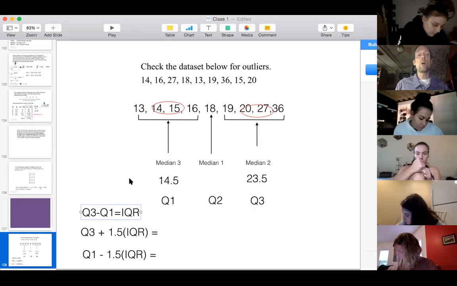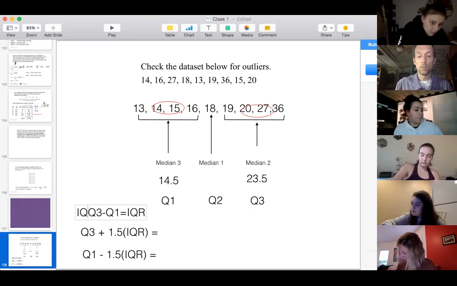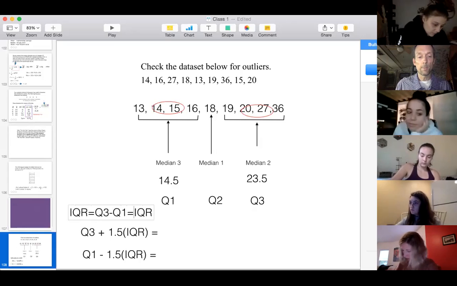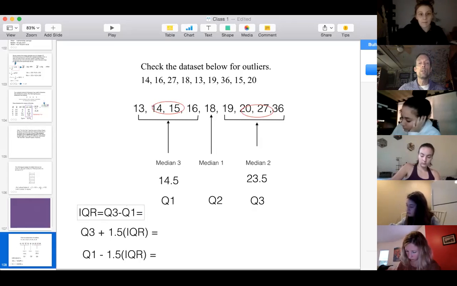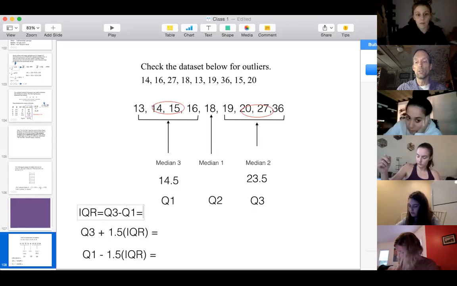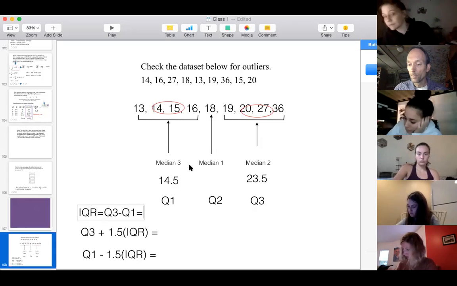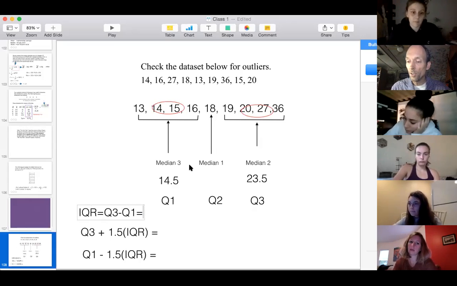So our IQR will be Q3 minus Q1, and I think I'm actually going to write it this way so it's easier to understand. And what do we get when we do out the math? What's the IQR come out to be? And I see Lauren sending me a message here. Lauren, you are correct, yes.